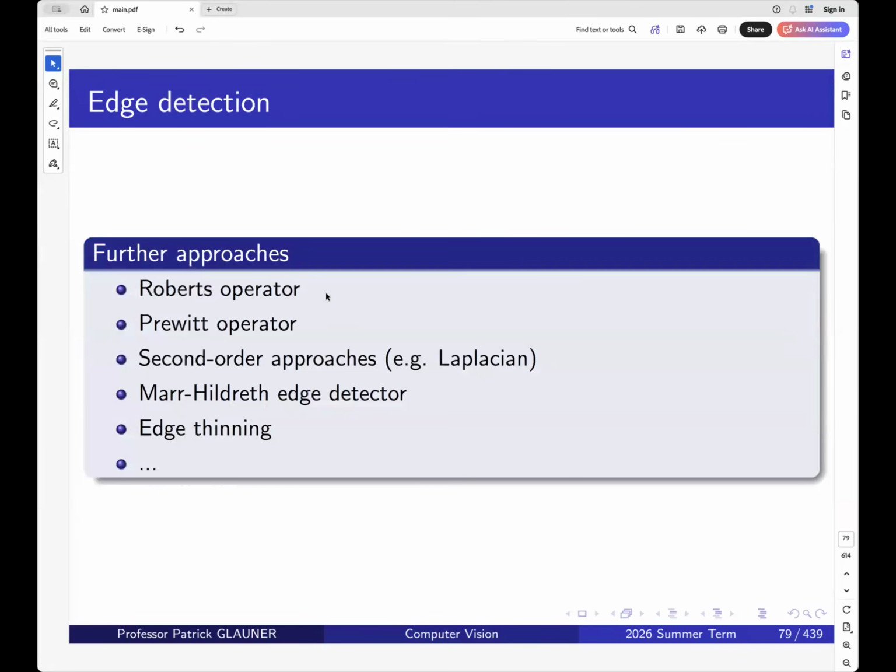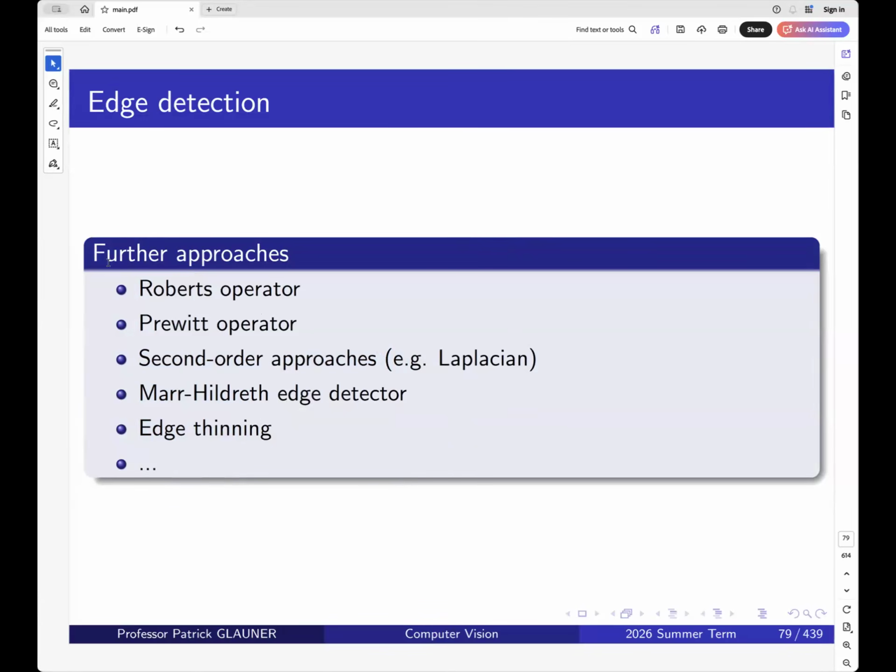For edge detection, there are many, many more approaches. There's the Prewitt operator. There are second order approaches like a Laplacian edge detector. There is edge thinning. There is the Marr-Hildreth edge operator. This is the kind of stuff you would find in some of the books I put in the recommended readings, especially the image processing book.